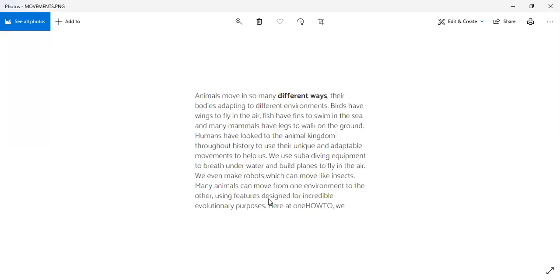That means particular organs are designed in their bodies, how they are evolved, and they can live according to that only. They cannot change themselves. Ma'am, what is the meaning of one how to? This is something which I have to add, but it is not related to you. You have to learn till here only, evolutionary purposes.